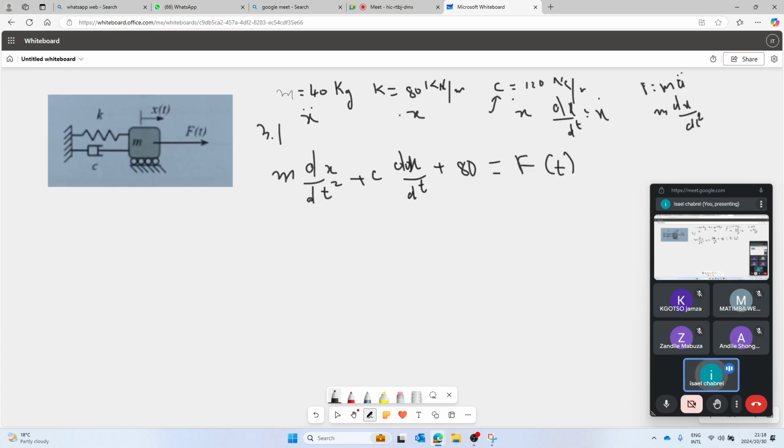And remember, this one is a spring, it is kx. Since it is a differential equation, it will be written as kx equal to f of t. If you use Lagrange's, you're still going to come out with the same expression. But you don't need Lagrange here. You can simply substitute the values. And that's one of the reasons why it is 2 marks. Are you with me, Mabuza?